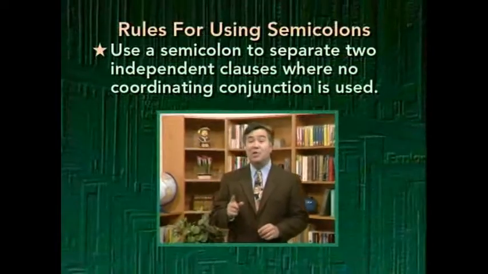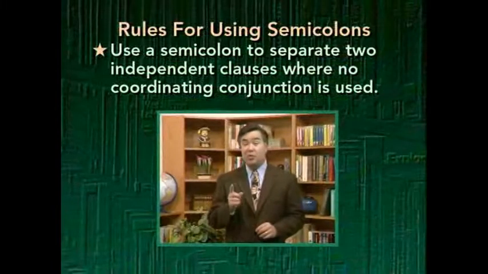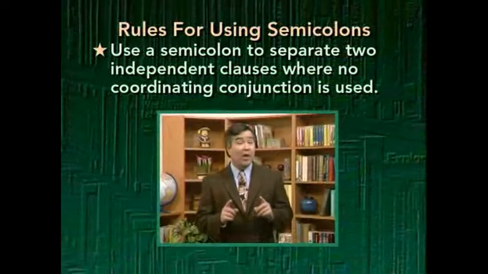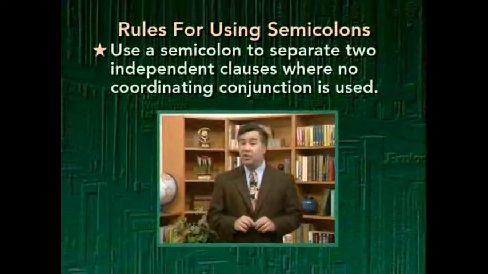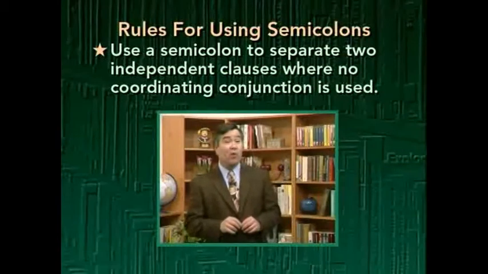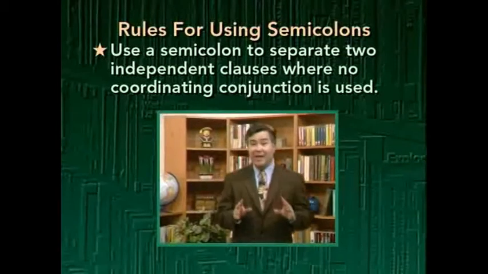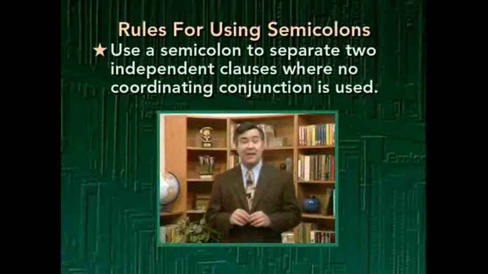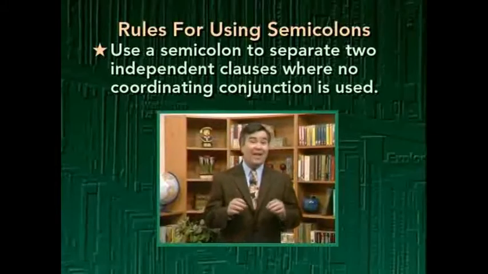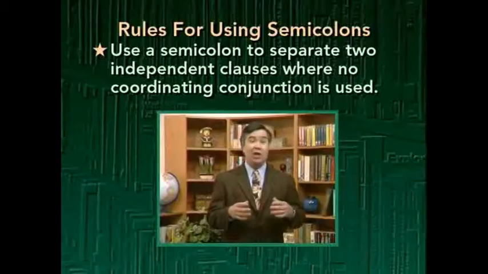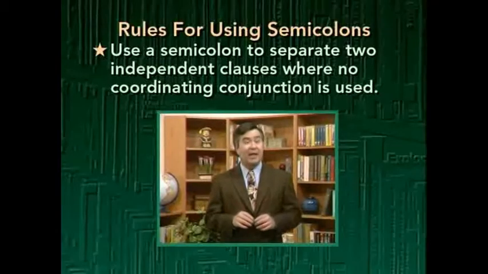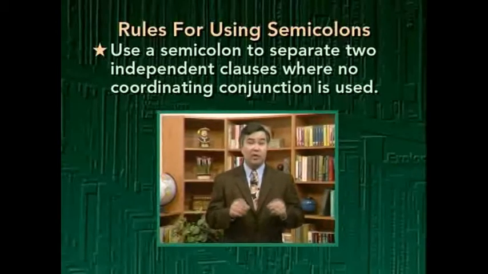First, use a semicolon to separate two independent clauses where no coordinating conjunction is used. Now, we saw before that when two independent clauses are used to make up a sentence and they are joined with a coordinating conjunction, such as and or but, a comma is also used as part of the structure.